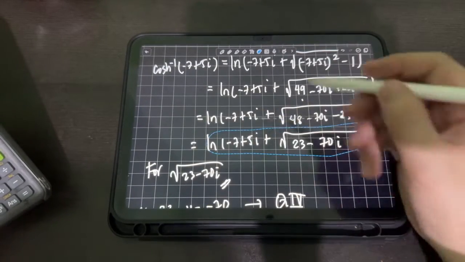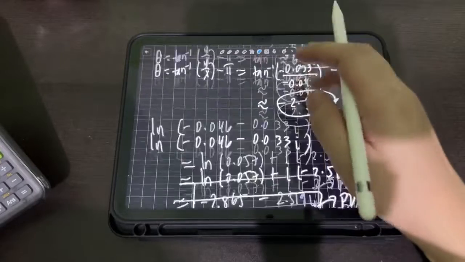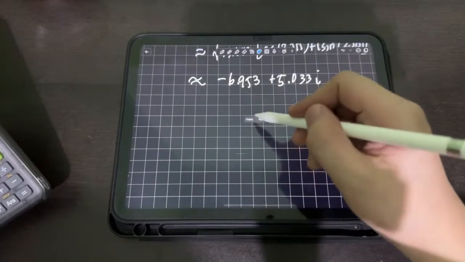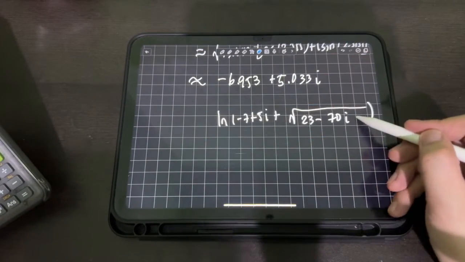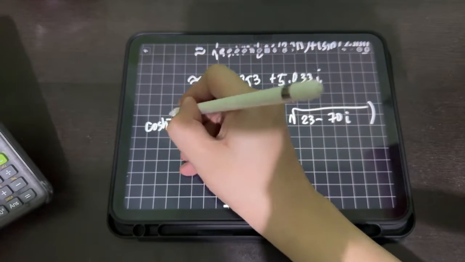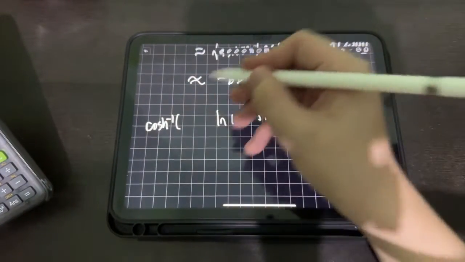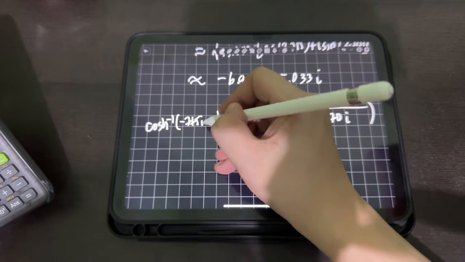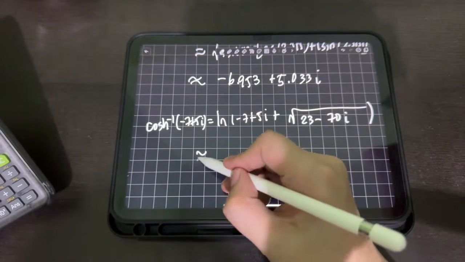Copy. This is the formula for arc cosh of negative 7 plus 5i.